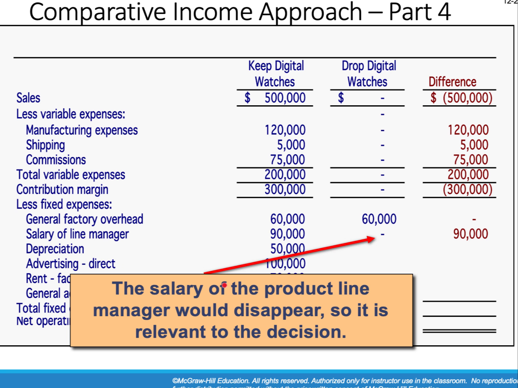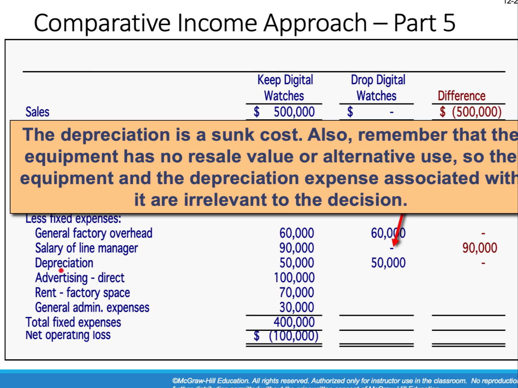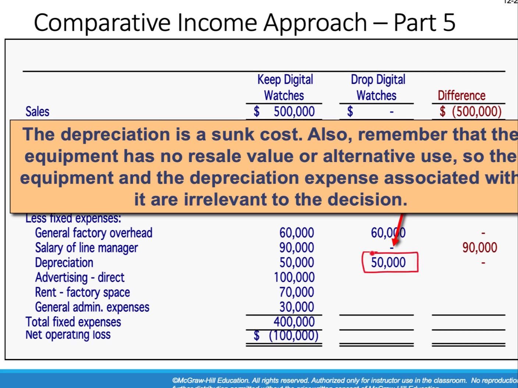The salary of the production manager. Well, if we drop the watch or the digital watch line, we don't have that cost. So we're saving 90 grand in salary of line manager. We do the same thing with the next expense, which is our depreciation. Now remember, depreciation is a sunk cost. Okay?